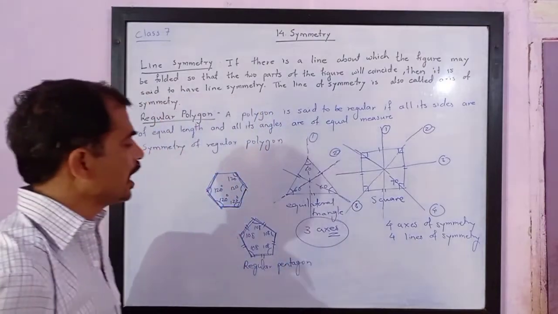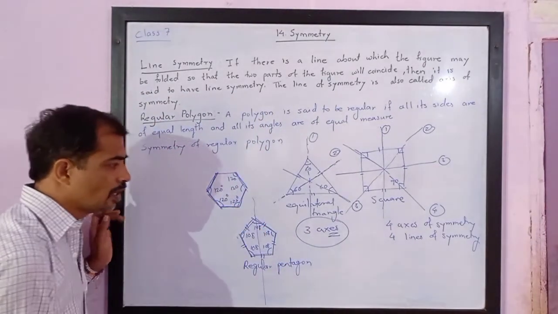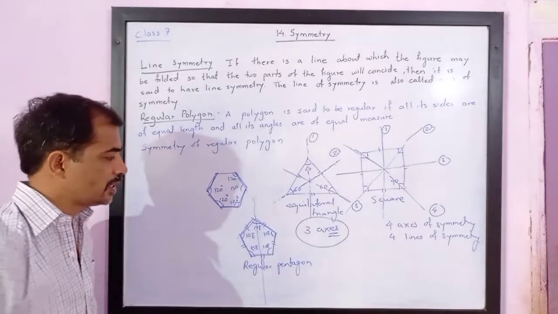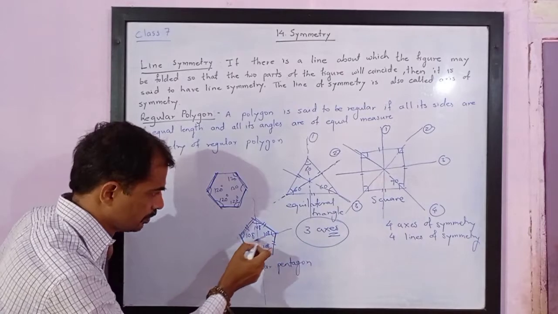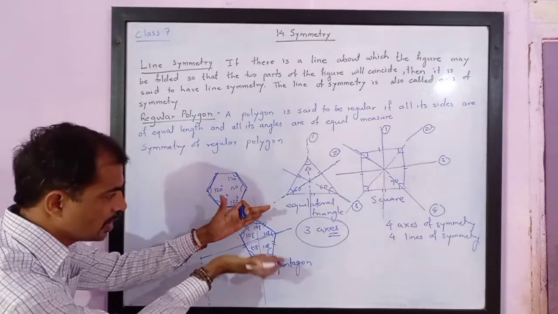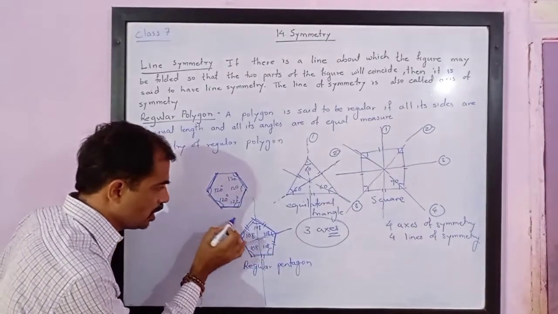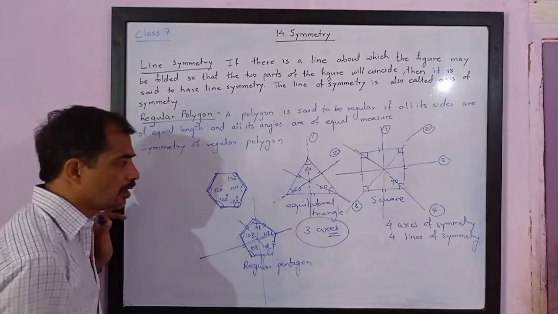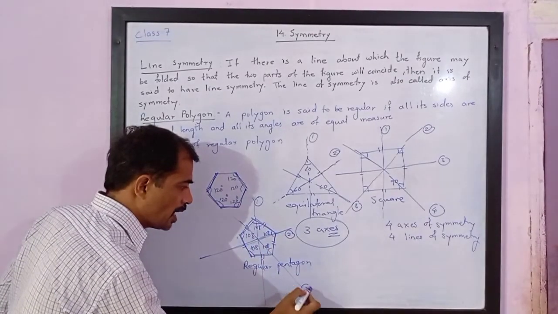Now, if you take a pentagon, watch carefully. If I draw a vertical line like this, all parts will exactly match. Then, if I draw from this vertex, you will notice that all parts will exactly match. If I draw from this vertex as well, all parts exactly match.